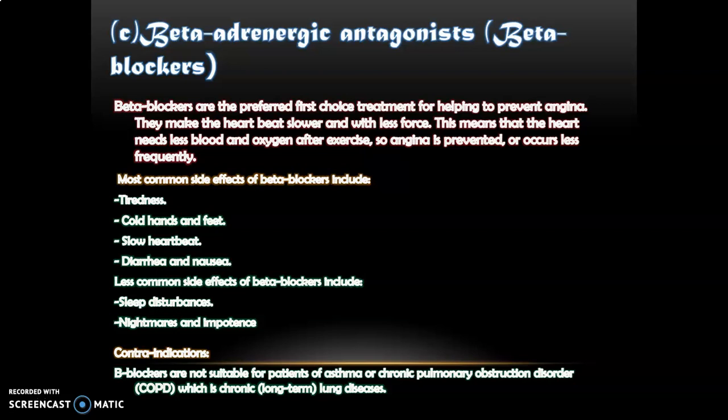This means that the demand for blood oxygen is reduced after exercise, so angina is prevented or occurs less frequently. Most common side effects of these beta blockers include tiredness, cold hands and feet, slow heartbeat, diarrhea, nausea. Less common side effects include sleep disturbances, nightmares, and impotence. It is contraindicated in asthma and chronic obstructive pulmonary disorders, which are chronic long-term lung diseases.